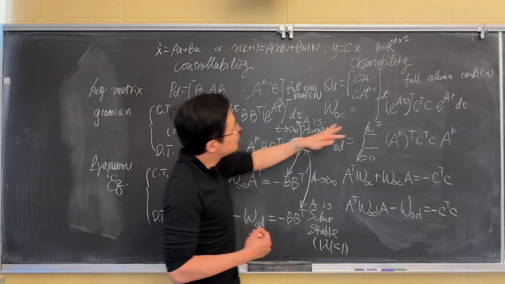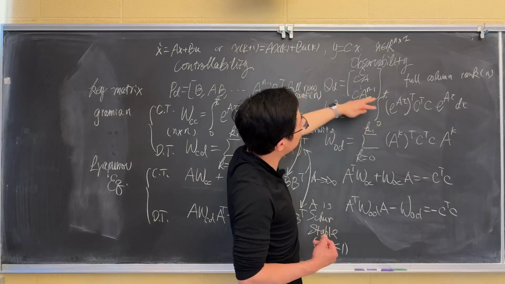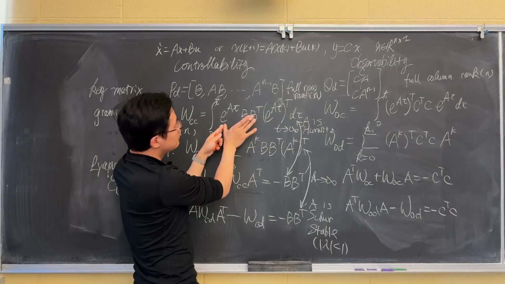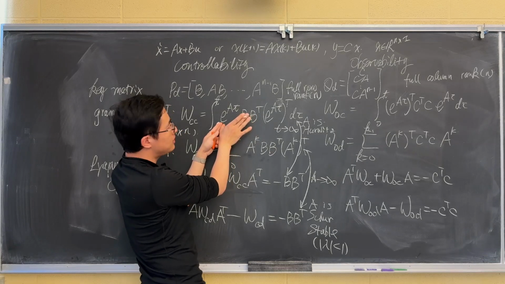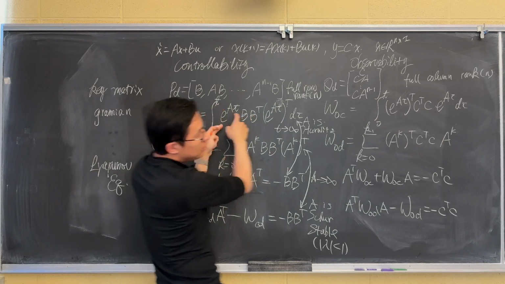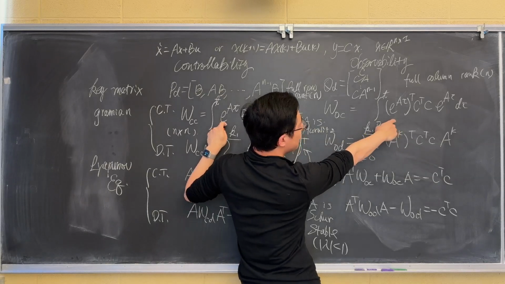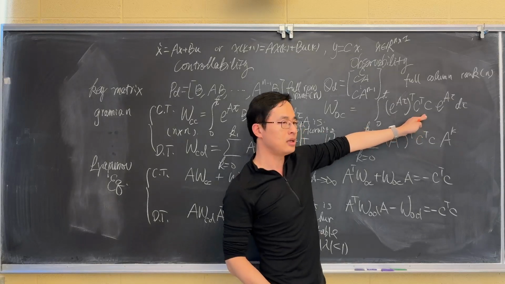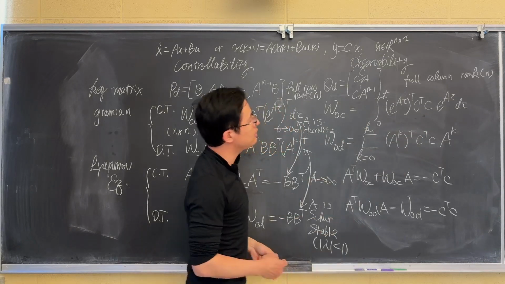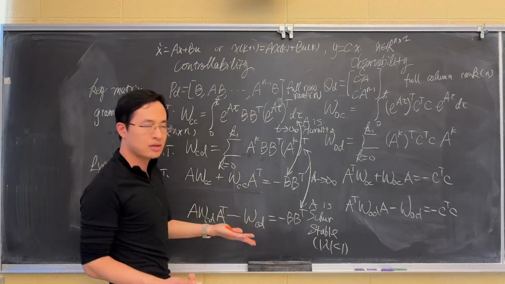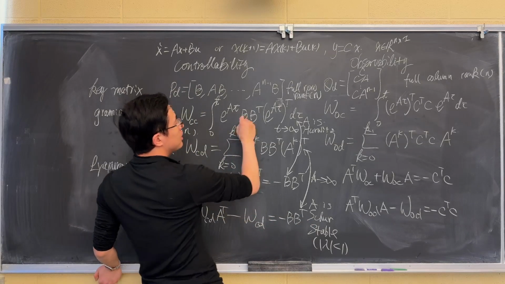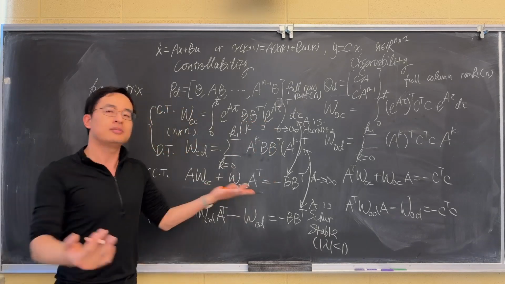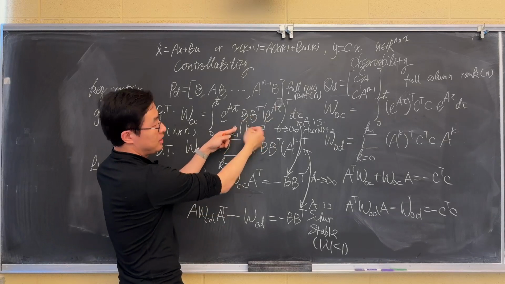For observability, we have a similar story. The observability Gramians are slightly different from the Gramians in controllability. You have e to the A tau here, you have e to the A tau transpose over here, and then you have BB transpose in one, and C transpose C in the other. These things appear in this form because you have to make the matrix dimensions match. You can check, for example, if B is a tall matrix, B transpose is a wide matrix, and then this becomes a square matrix.